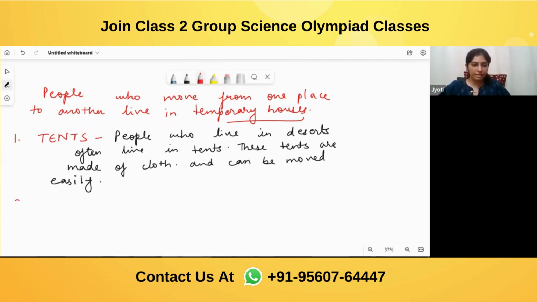Second category after tents is caravans. This is a house on wheels.